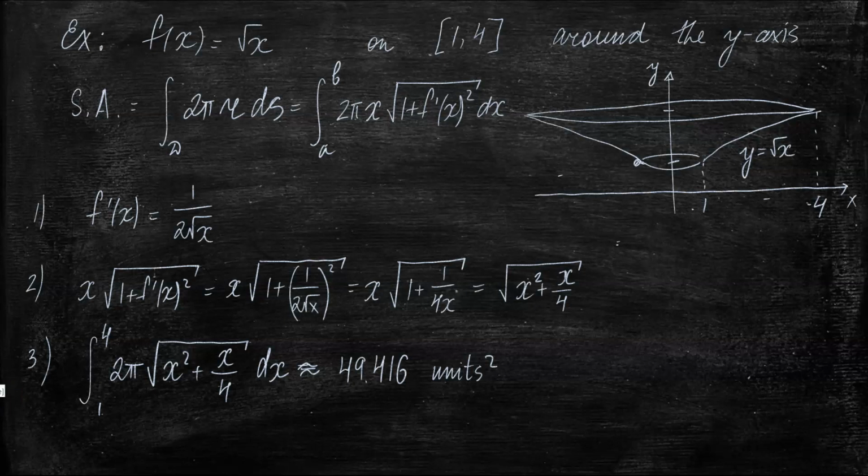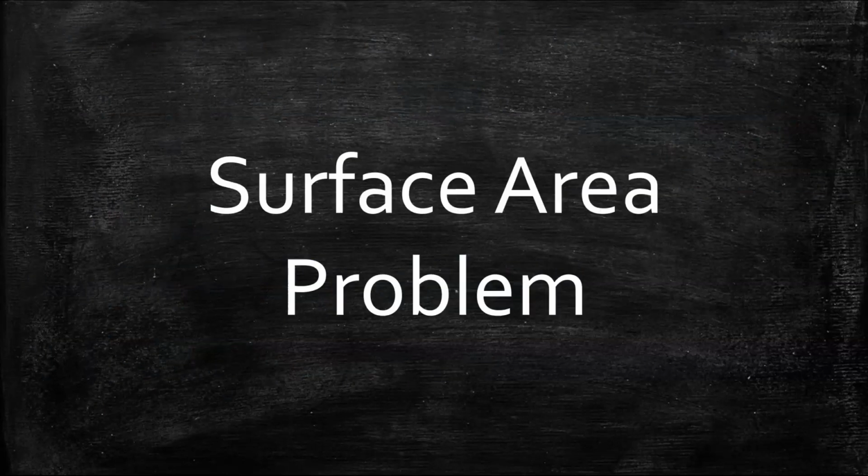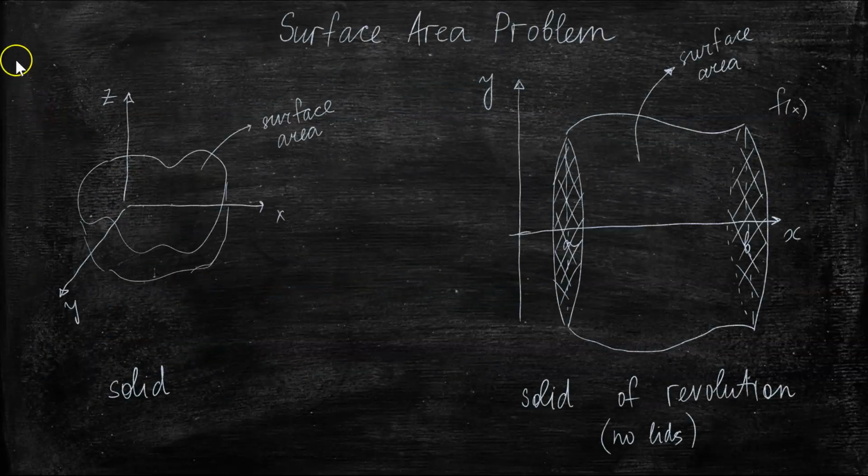You can easily also see that the problems that were somewhat easy to solve or very special in terms of setting it up for arc length are also going to be special in terms of setting it up for the surface area. So yeah, we solved the surface area problem, not for all solids, but definitely for solids of revolution.